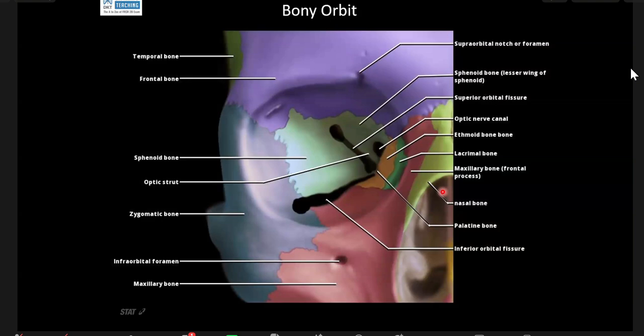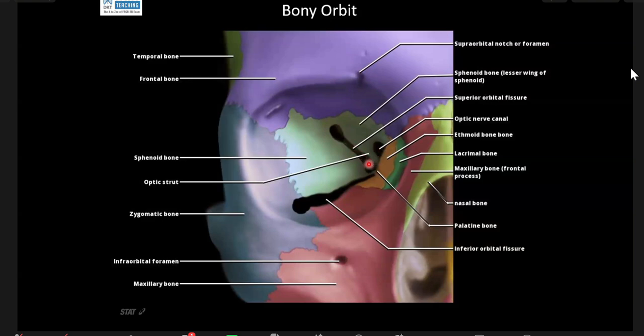Now, these are various bones of the orbit. You don't have to remember many things, but just remember it like this, that this is the optic foramen. You see, it is medial and it is superior. This is the superior orbital fissure. So remember, the most medial part will be the optic foramen and then the superior orbital fissure.